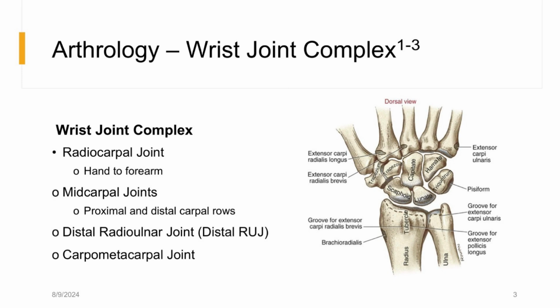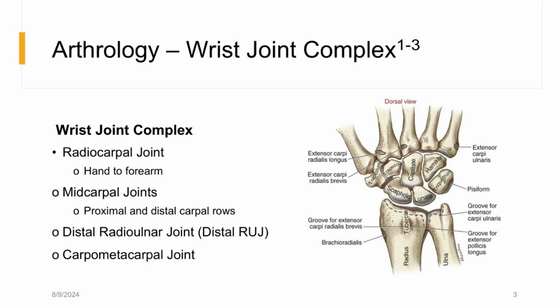So the wrist joint complex consists of your radial-carpal joint, your mid-carpal joints, your distal radial ulnar joint, and also your carpal metacarpal joint. The radial-carpal joint is the articulation that joins the hand to the forearm.